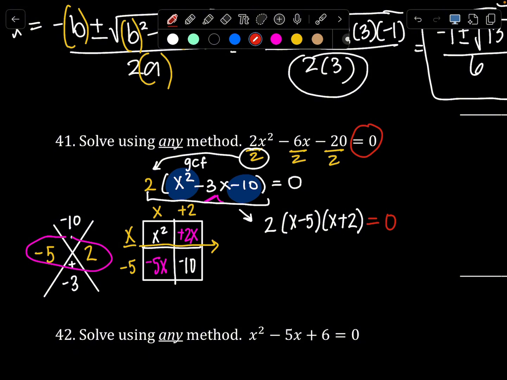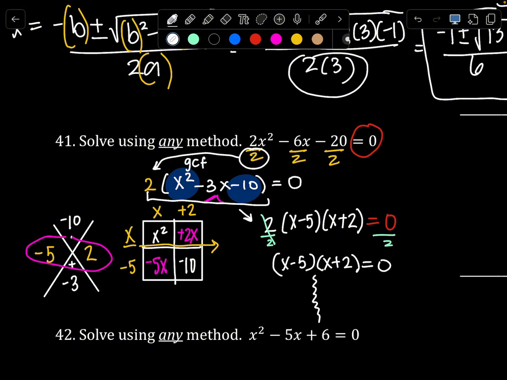So that means we're crossing the x-axis when the y's are 0. So now we're going to simply divide by 2 on both sides, because 0 divided by 2 is 0. So now I'm just left with x minus 5 times x plus 2 equals 0.